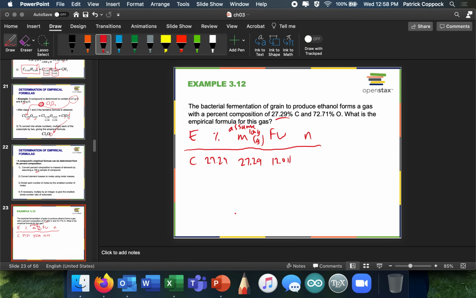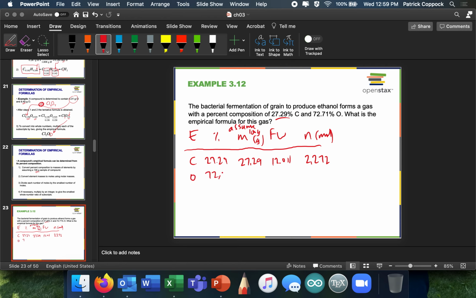I'm going to calculate the moles: 27.29 grams divided by 12.011 grams per mole is 2.272 moles. Okay, and let's do the oxygen now.